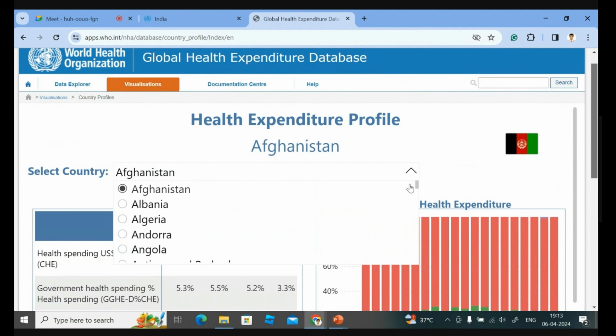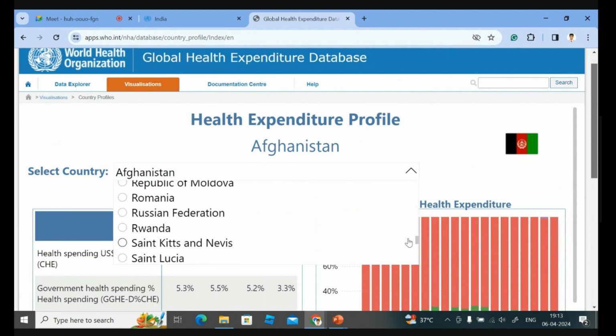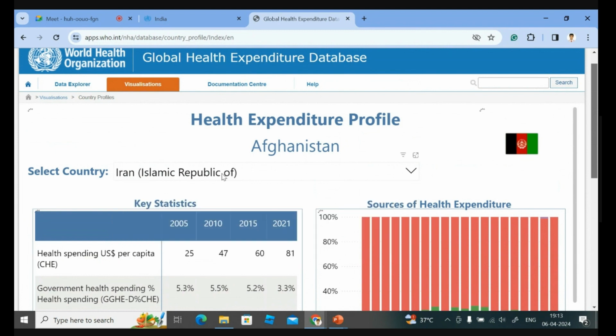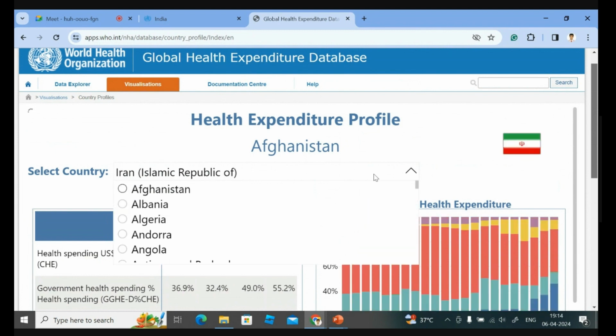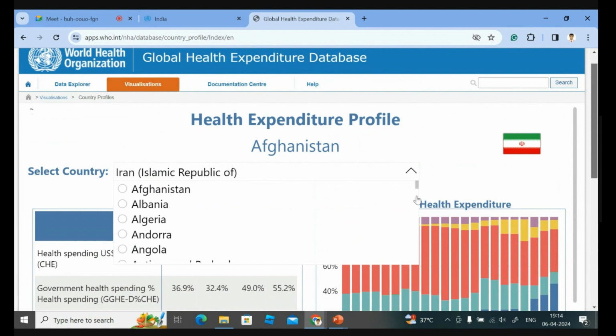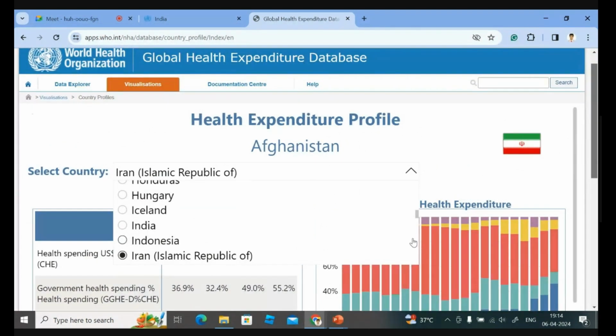Oops, it's the drag and drop thing. There we are. Oops, it doesn't allow me to. Selecting is an important part of it. There we go.